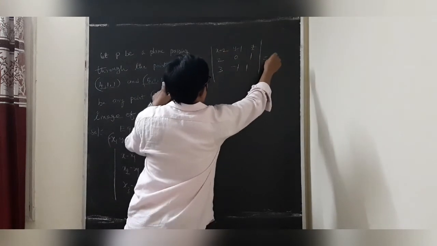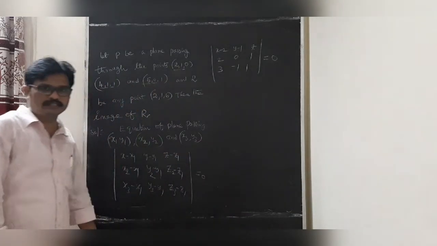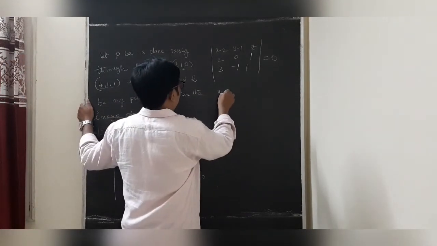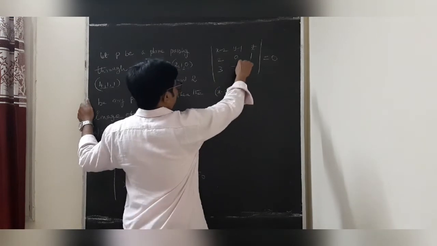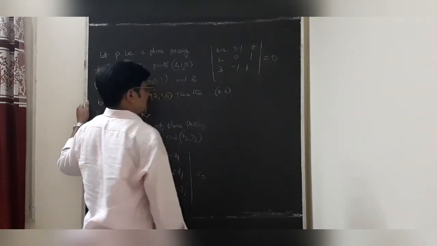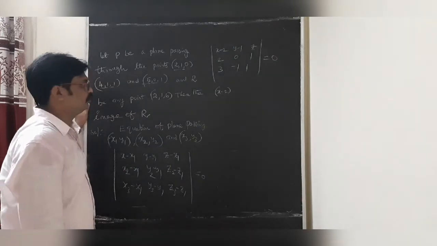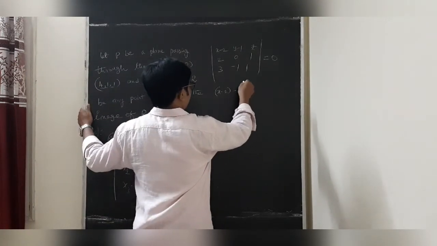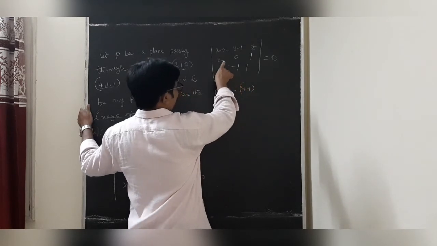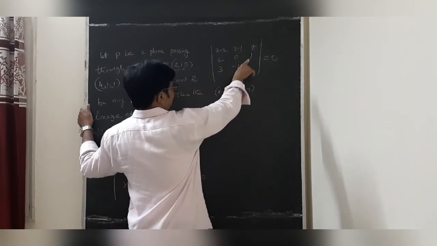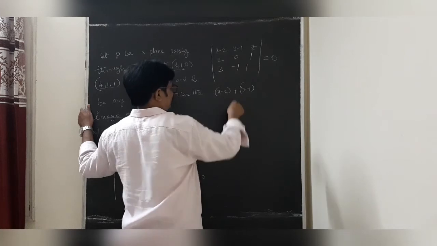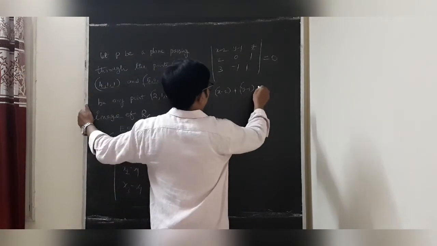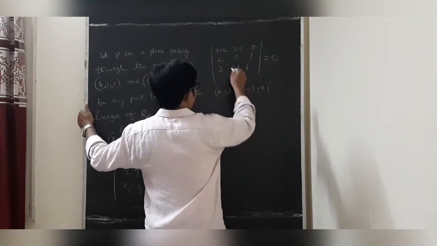This will be equal to 0. Now, expanding: x minus 2 into 0 plus 1 is 1. Then minus of y minus 1, this is 2 minus 3, which is minus 1, minus of minus is plus 1. So students, the z into this is what?